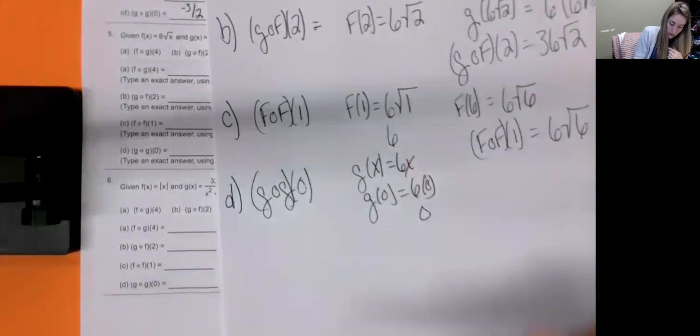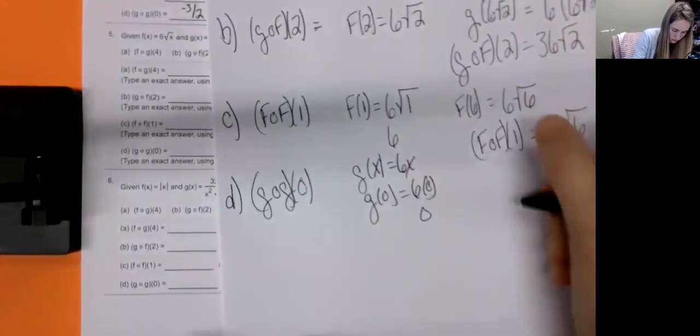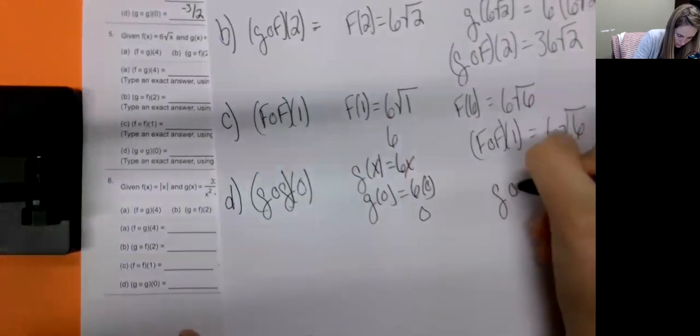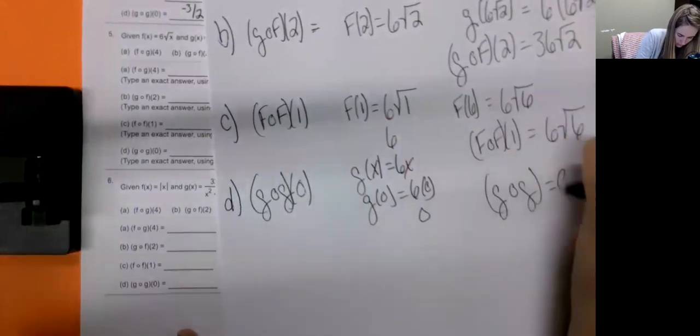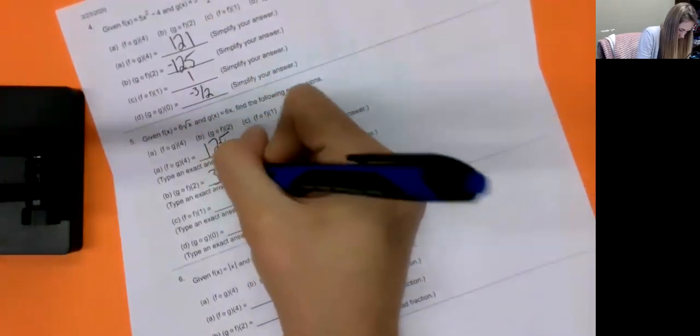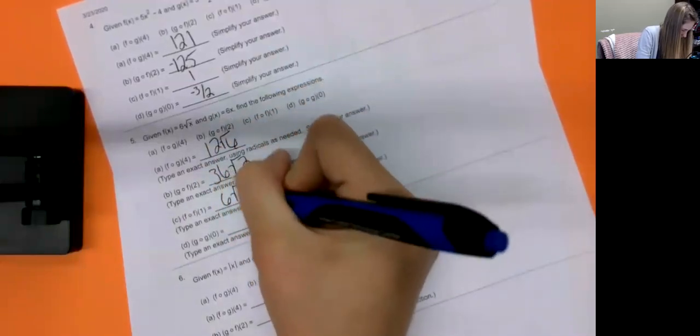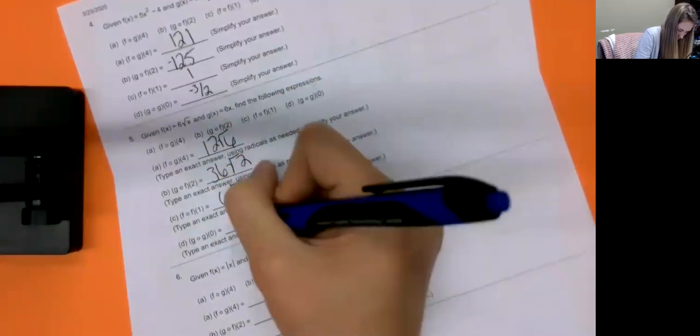Then we need to substitute again to get the composite of it, so this one is 0. Copy this down. So you have 12 square root of 6, 36 square root of 2, 6 square root of 6, and 0.